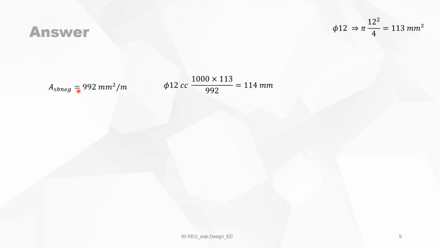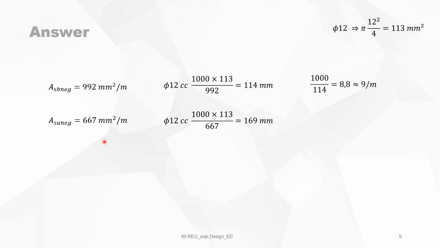So that means for this value that diameter 12 center to center equals 114 millimeters. And this means that you have 8.8 bars per meter, and then we round it off to 9 per meter.